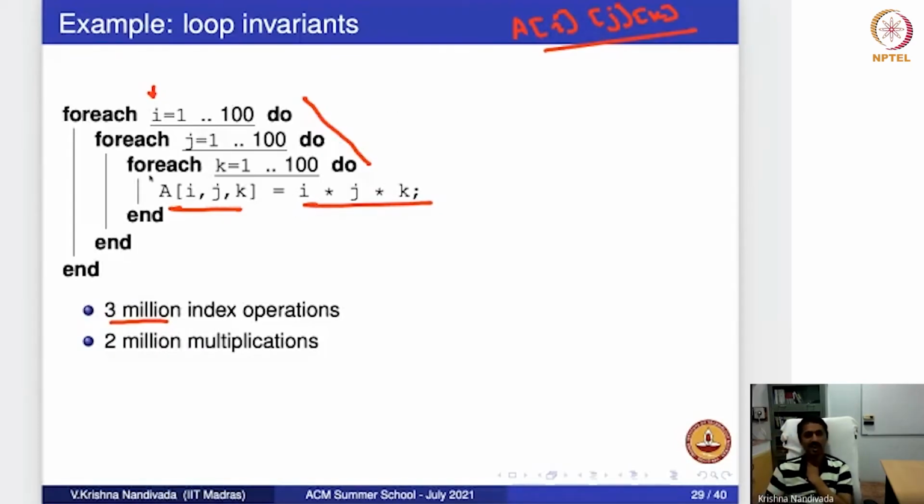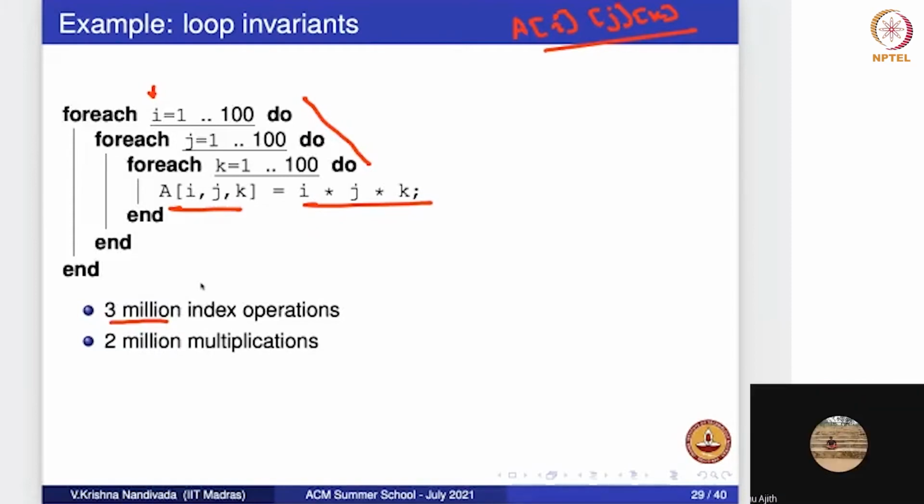I and J do not change within the K loop. That's a very good observation. What does it mean? What's the consequence, I mean? I can just multiply k to the next value in the array and then add the one below that and the one below that. Very good.